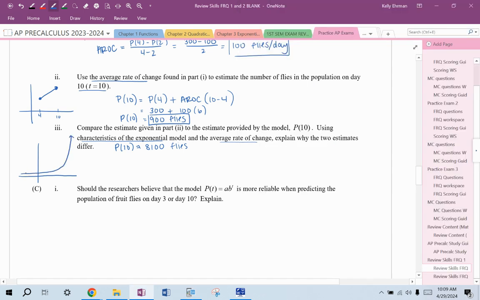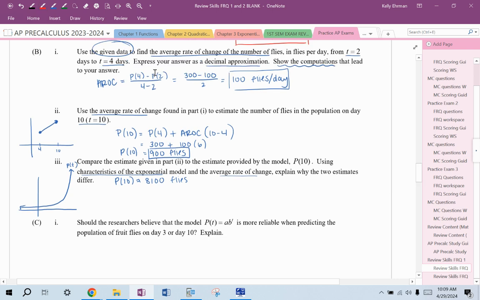So here's P of t. Now remember, the slope back here was between the points that connected 2 and 4. So here's the average rate of change. If you extend that out to 10, I can see that the line is much lower than whatever the model predicts for P of 10. So here's what I would say.